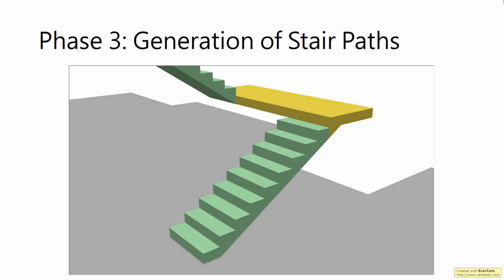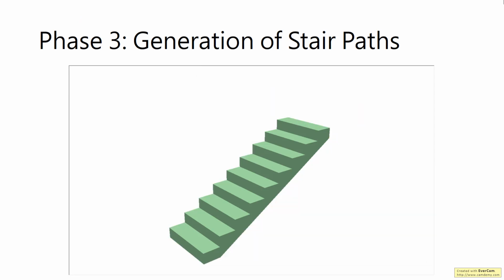And Phase 3, generation of non-level paths. This is the major part of the innovation of the iGit algorithm. The following animation explains the complex logic of the algorithm to generate the stair path.